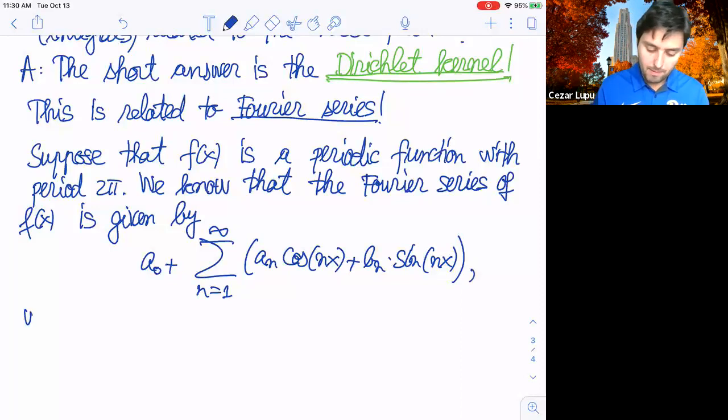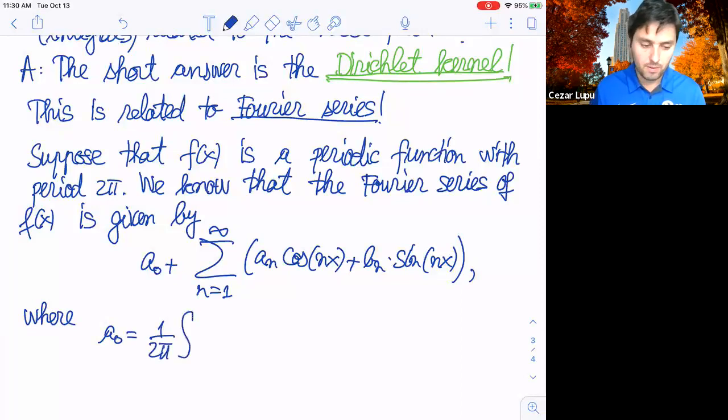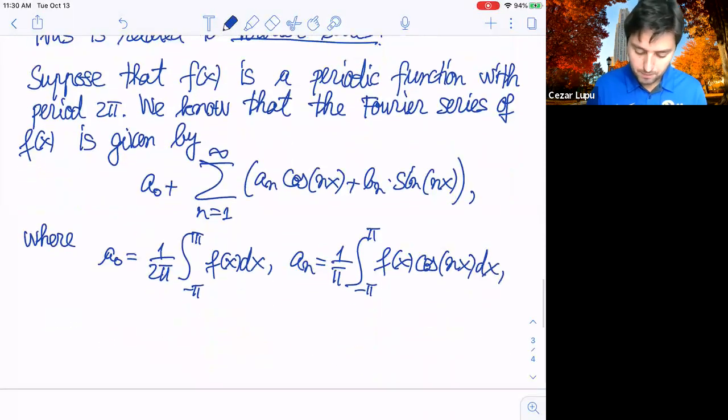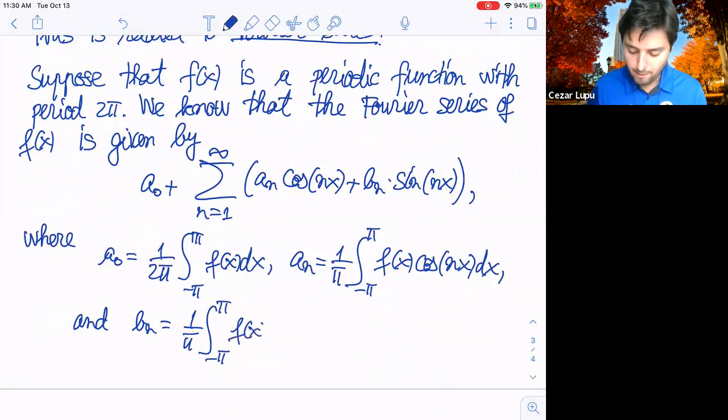The coefficients can be determined, where a0 is given by 1 over 2 pi times the integral from negative pi to pi of f of x dx, an is 1 over pi times the integral of f of x times cosine of nx dx, and as you can imagine, bn is 1 over pi times the integral of f of x times sine of nx dx. These are the Fourier coefficients.